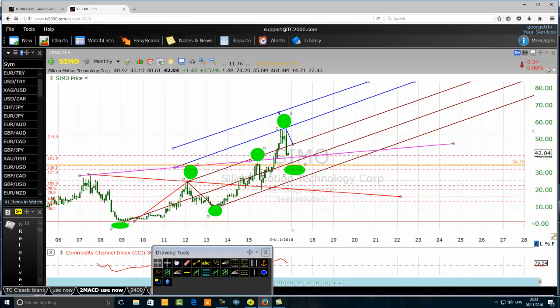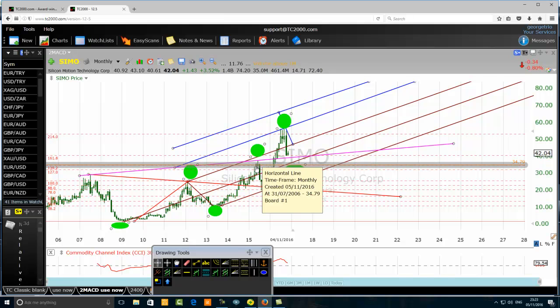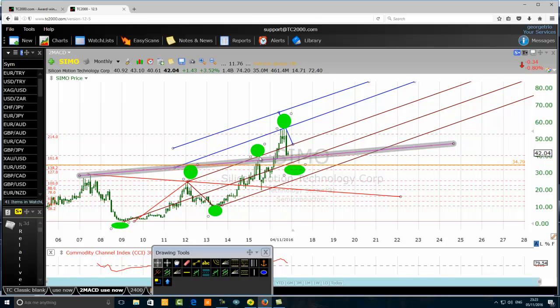You can see that the 138.2% Fibonacci extension level is also quite close to the edge of the upper side of the Pitchfork Tool. Look at that. This is the upper side of the Pitchfork Tool, and we have here the 138.2% Fibonacci extension level. It's a resistance zone also on the edge.